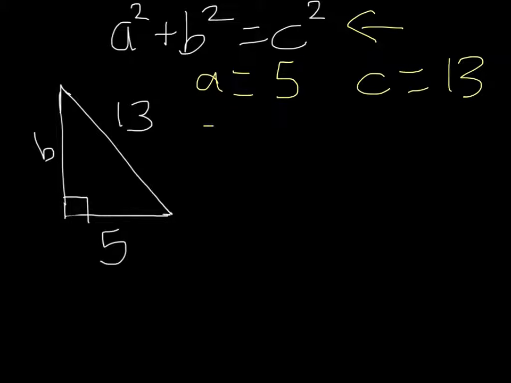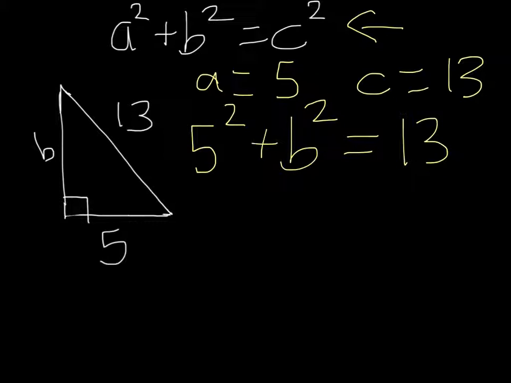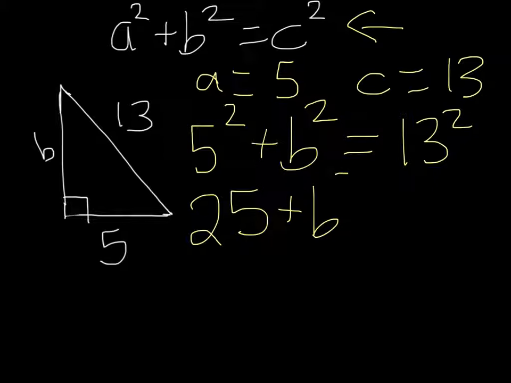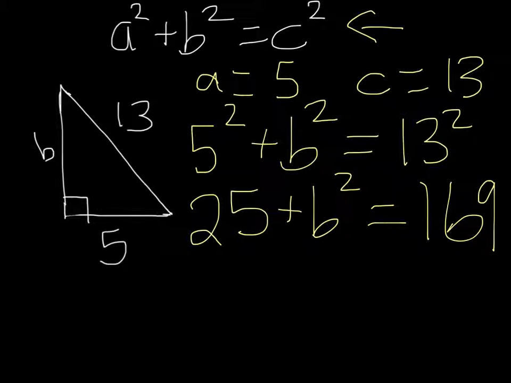So my equation now becomes 5 squared plus b squared, remember I don't know what b is yet, is equal to 13 squared. So 5 squared is 25 plus b squared is equal to 169.